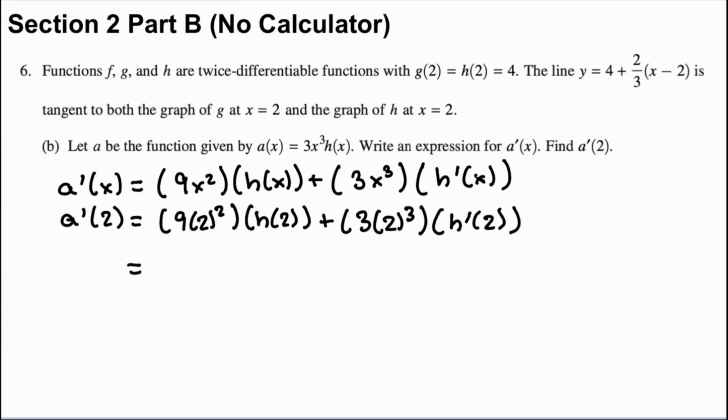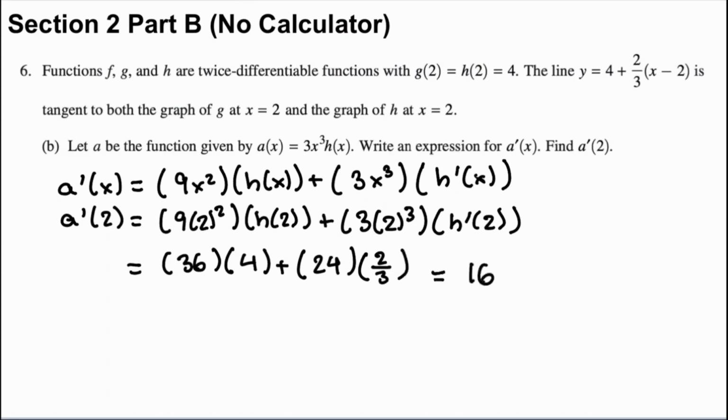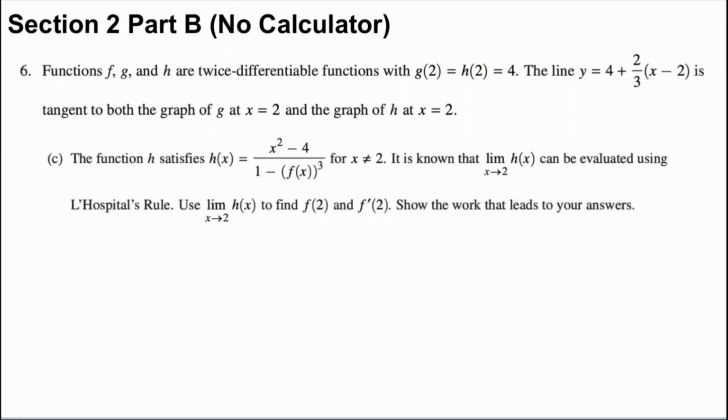So simplifying this down, we get 36, and we see that h of 2 is 4 from the question stem, plus 24, and this is going to be times 2/3 from what we found in the previous question. And this whole thing is going to simplify to 160. Again, I believe that you can stop once you get here because this is an answer that you can plug into a calculator and get 160 from, but I don't think the simplification is that bad. So if you're in a position to do it, just go for it.